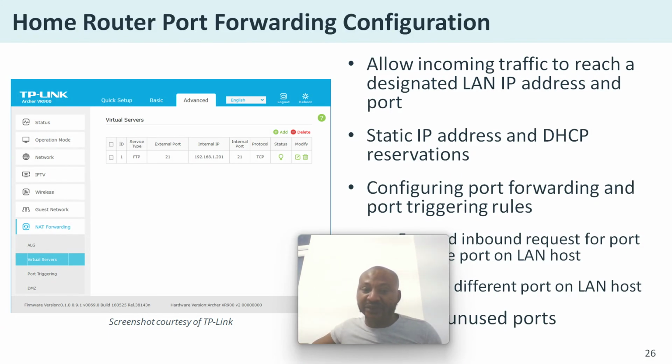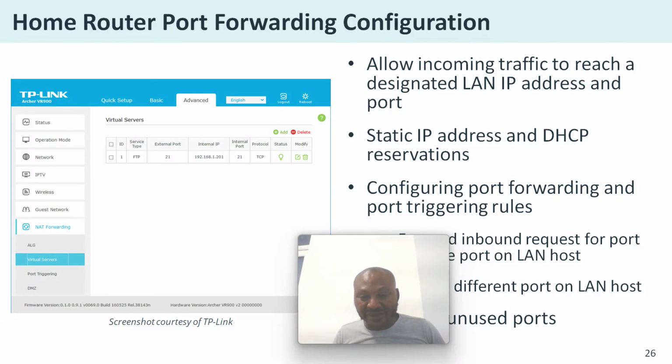The router inside must be configured so that it sees that packet coming in and knows the packet is for that device on your LAN. So the router has to be configured to forward that packet to your LAN. That's what we call port forwarding.